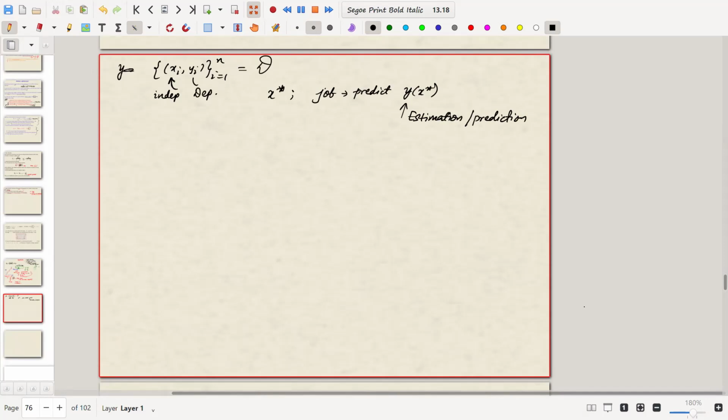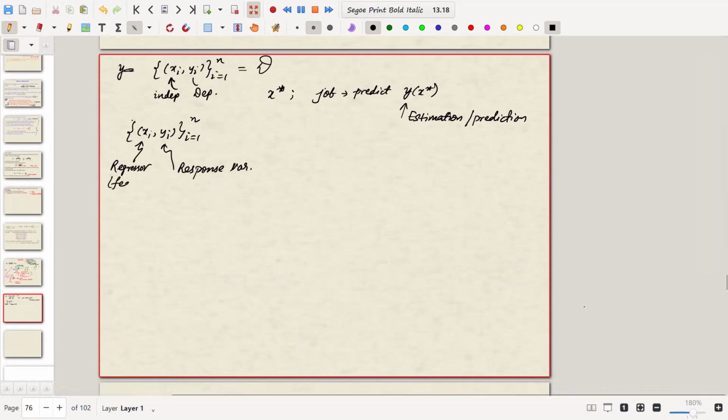Sometimes you will ask, what is the estimator? In machine learning jargon, for xi, yi, independent and dependent, this yi is the response variable in the ML literature, and this xi is the regressor, or also sometimes known as the feature.